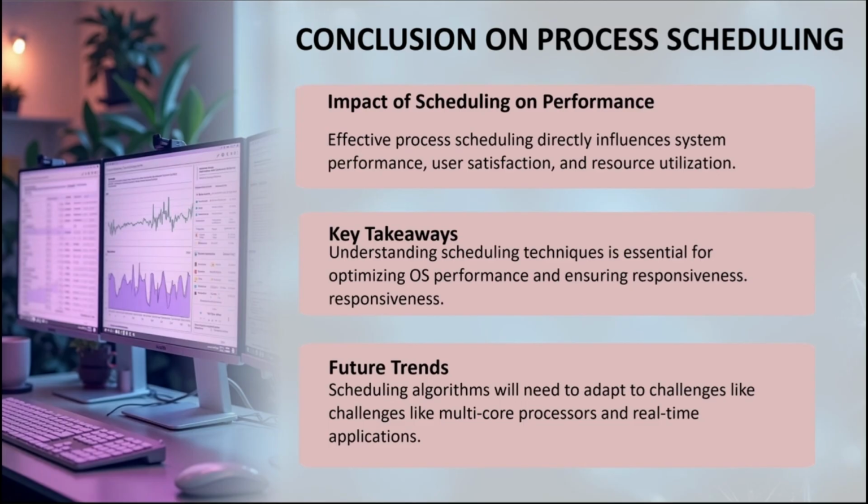So in conclusion on process scheduling, we are going to be reviewing three major things. First, the impact of scheduling on performance. Effective process scheduling directly influences system performance, user satisfaction, and resource utilization. What this means is that in scheduling, the processes are not all we are looking at.